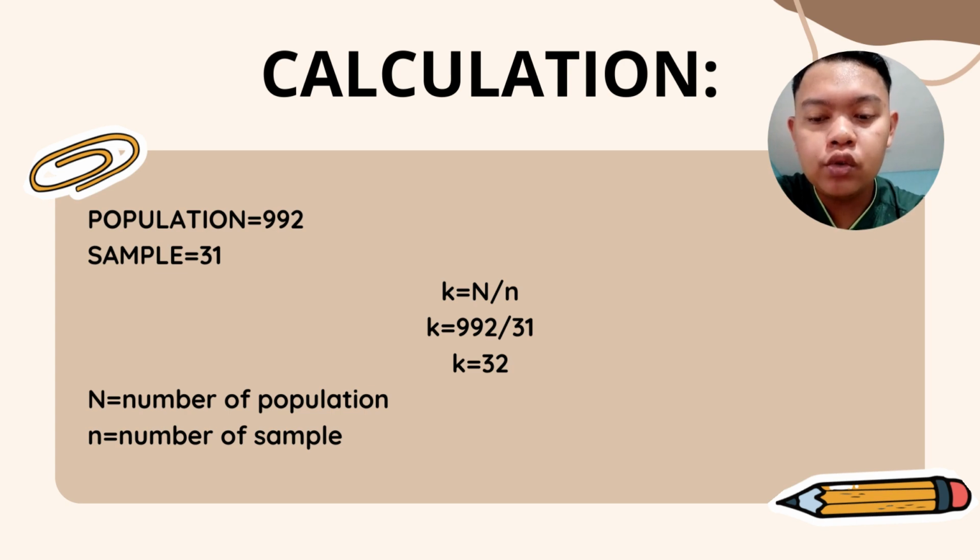Therefore, we will choose one individual as our sample out of every 32 people. First responder is taken from responder number 1. Second responder is taken from responder number 33, and so on until we have 31 responders.